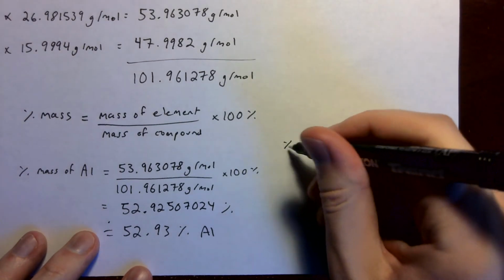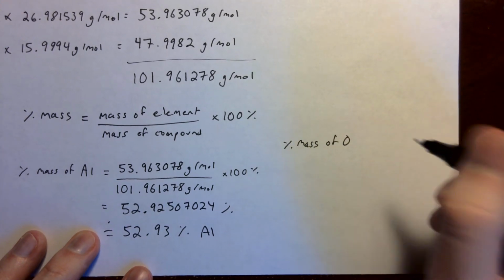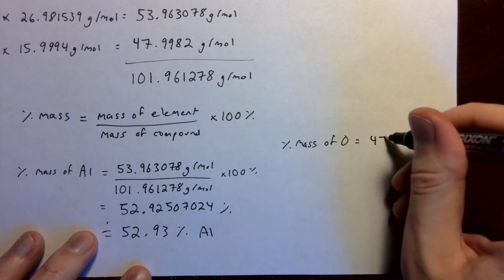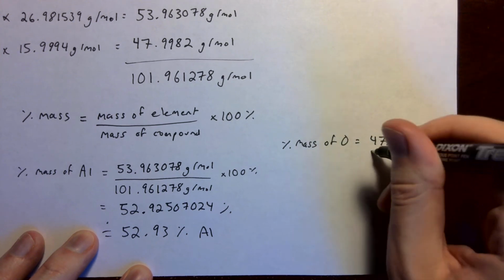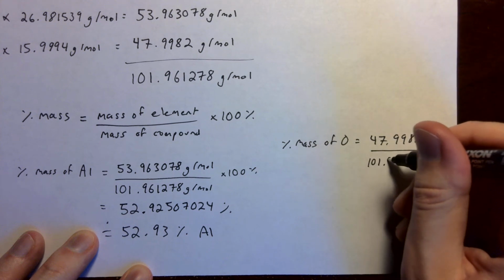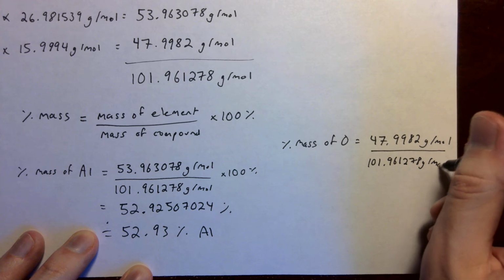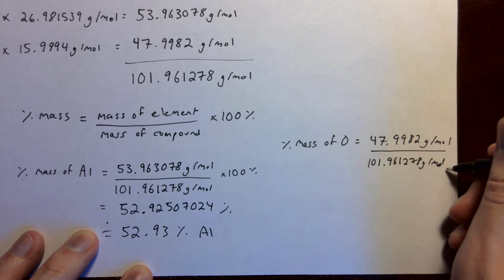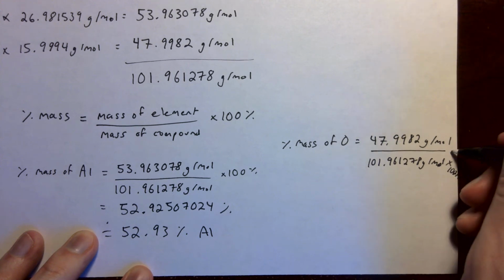And now we're going to look for the percent mass of oxygen. So we set up our expression again, and off to the side there, just times 100%.